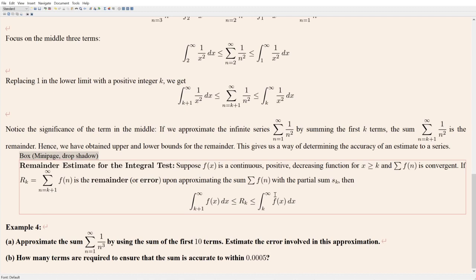Well, then this error is bounded above and below by these improper integrals, which hopefully we can compute. So that's good. If we can compute the top and the bottom, then we have a handle on the error. And consequently, we have a handle on how many terms we would need to add up in order to get a good approximation to the sum. So that is the idea here.